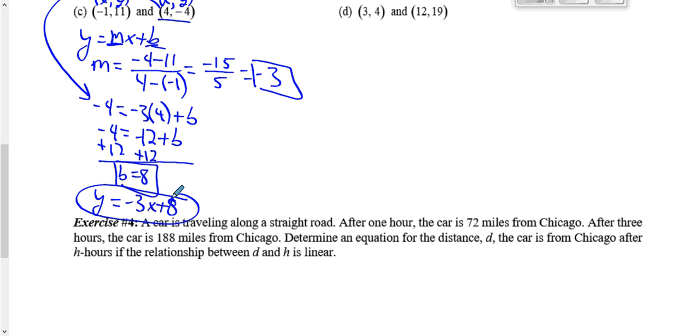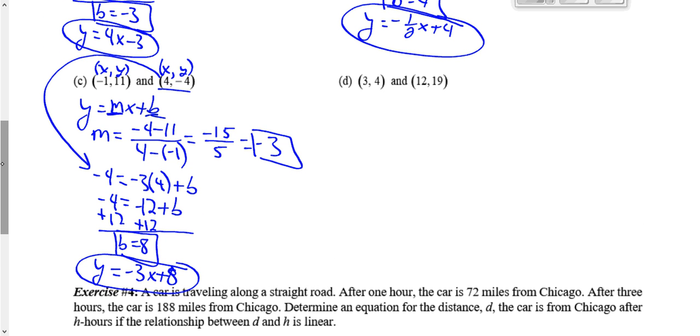Yeah, question. I messed up the slope. What did you have here? I had 11 minus. So you went the other way.